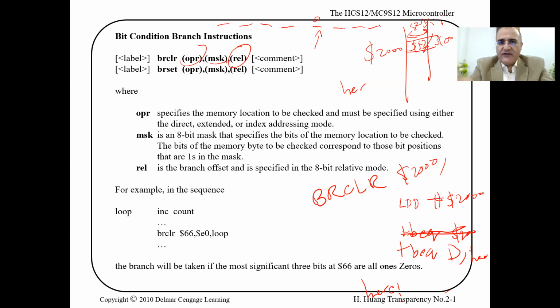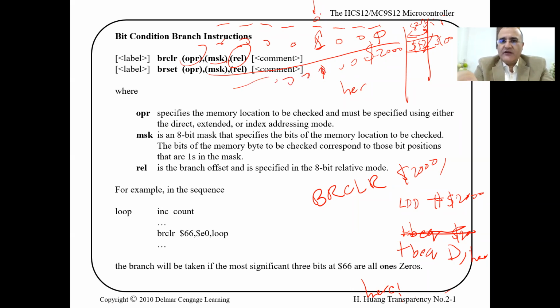So you mask everything. You AND with 0001 0000. The result will be all zeros, right? Except this bit will depend on this bit. If it was a 0, you'll get a 0. 0 ANDed with 1 is 0.